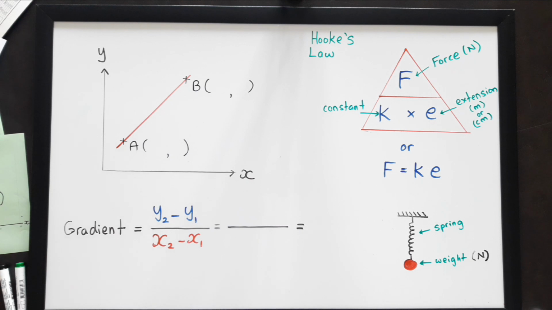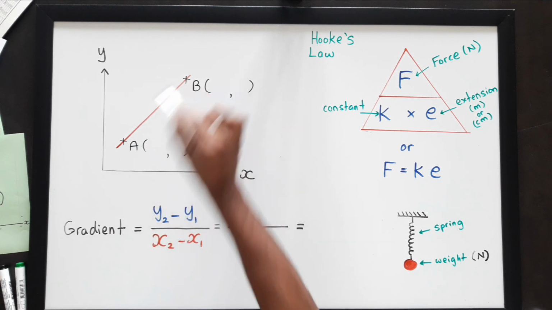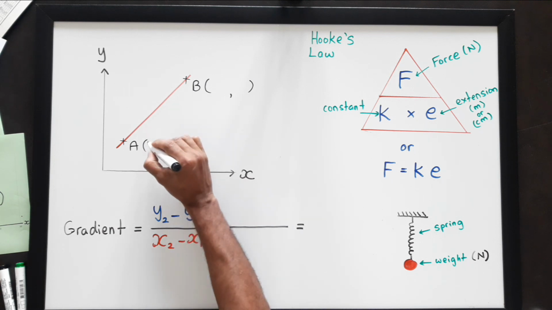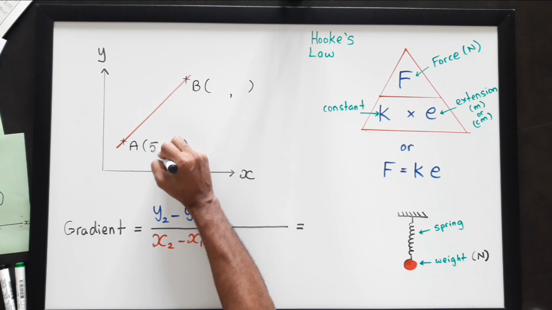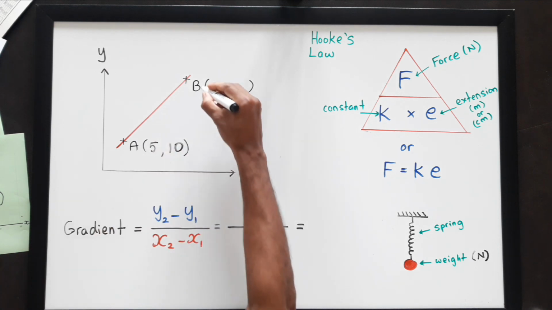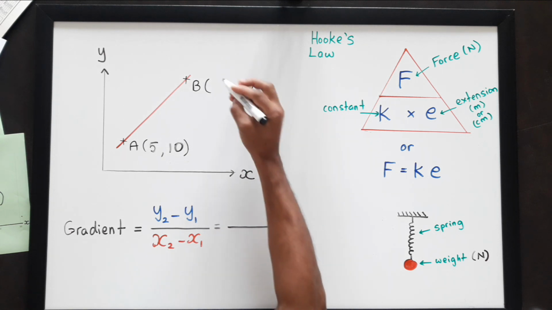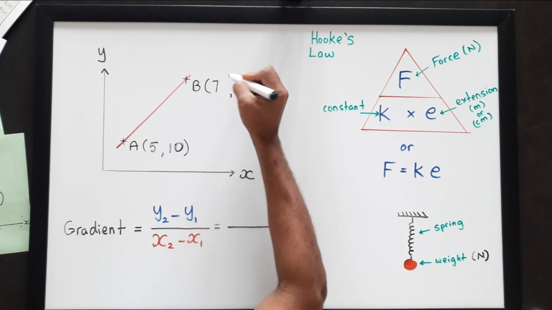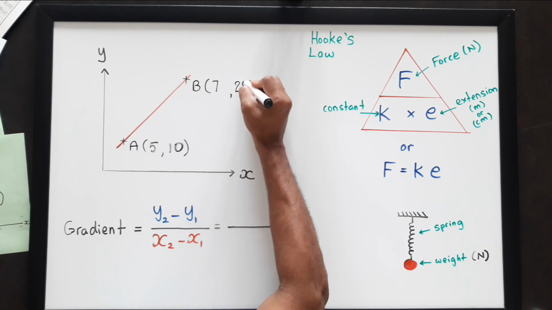Now, I'm going to take 2 points on the graph, point A and point B. Let's assume that point A, its coordinates are 5 and 10. And the B point, let's assume that the coordinates are, let's call it 7 and 28.